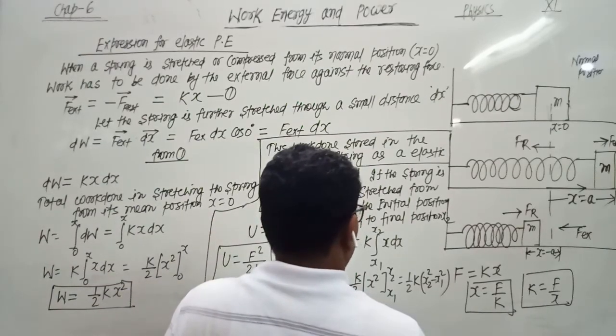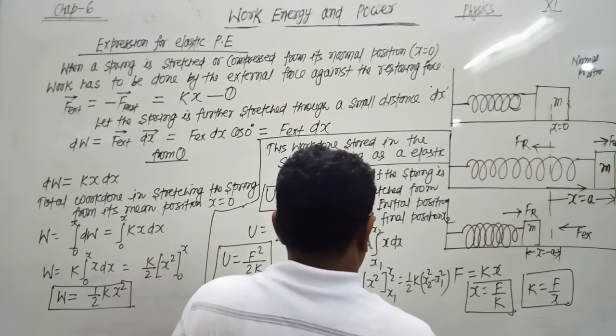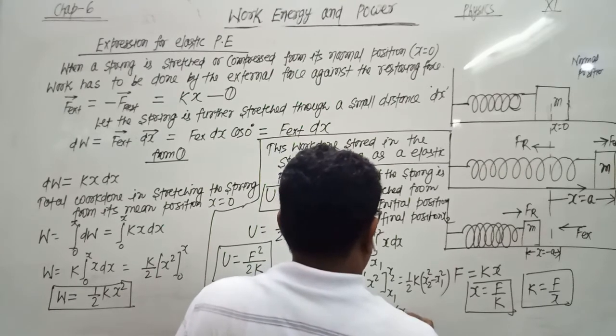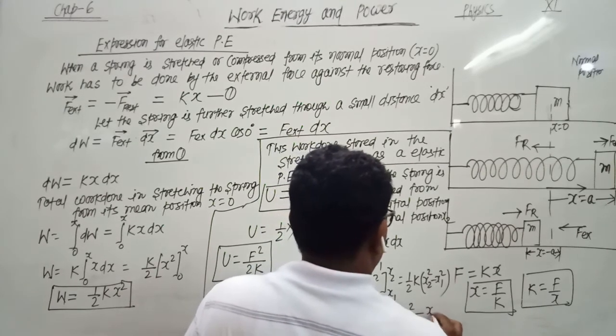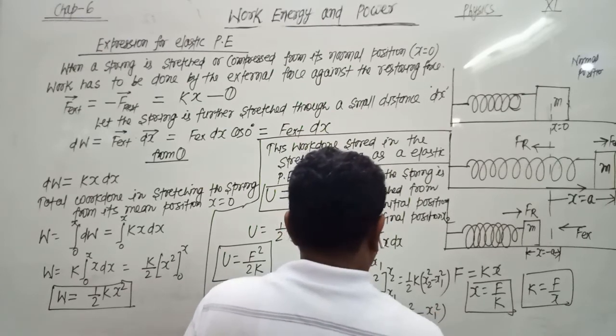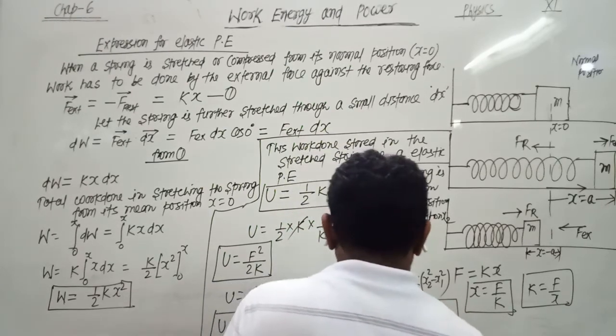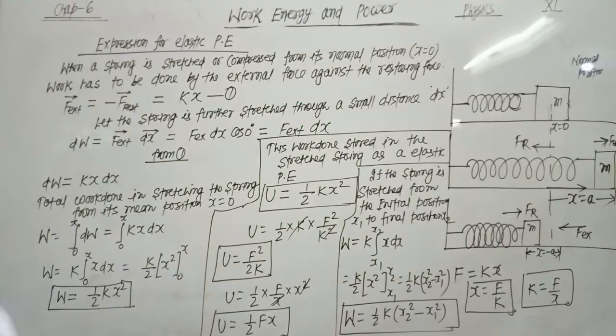This is the work done in stretching the spring from initial position x1 to final position x2. W equals 1 by 2 k (x2 square minus x1 square).